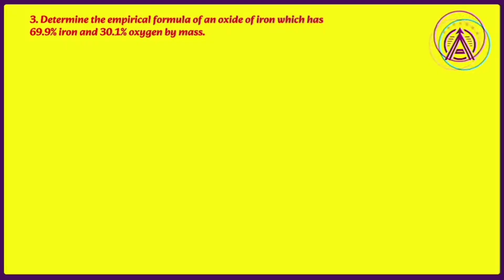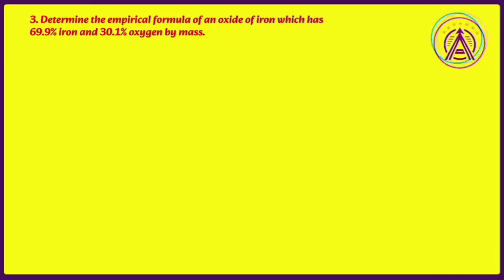Number 3, determine the empirical formula of an oxide of iron which has 69.9% of iron and 30.1% of oxygen by mass. So remember when I told you we are finding empirical formula, whenever they have given you a percentage, consider that you are finding for 100 grams.